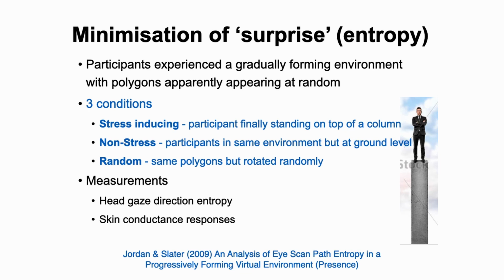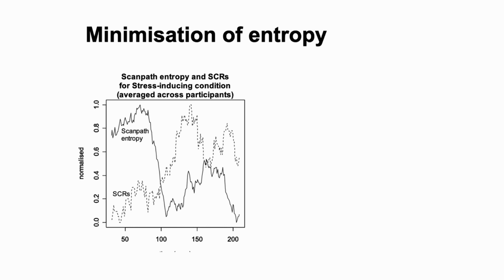And what we measured was head gaze direction entropy. So we measured the scan paths of the head gaze direction and calculated its entropy, and then also skin conductance responses. And the results were very interesting. On the horizontal axis here is the time, and the vertical axis is the scan path entropy in the solid line, and the skin conductance responses in the dotted line.